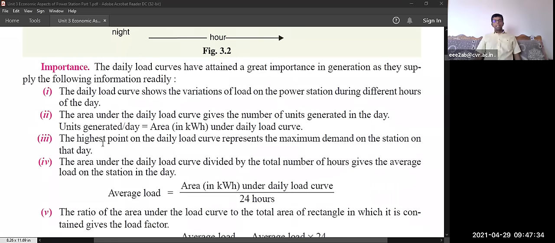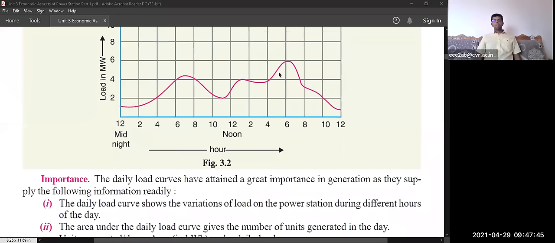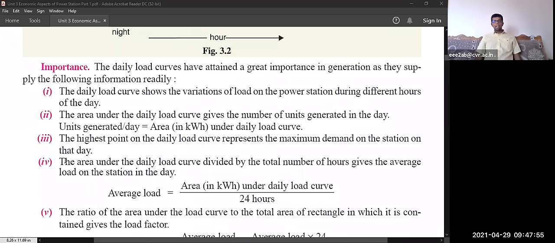Next, the highest point on the daily load curve represents the maximum demand on the power station on that particular day. If I want to analyze the maximum demand, I can easily note it down by analyzing the curve. Next, the area under the daily load curve divided by the total number of hours gives the average load on that particular day.